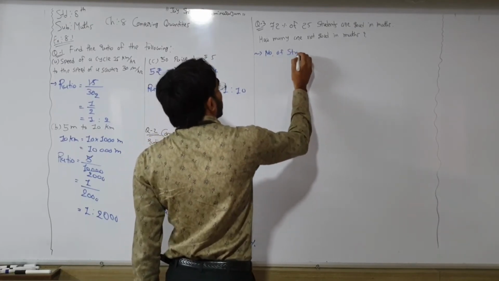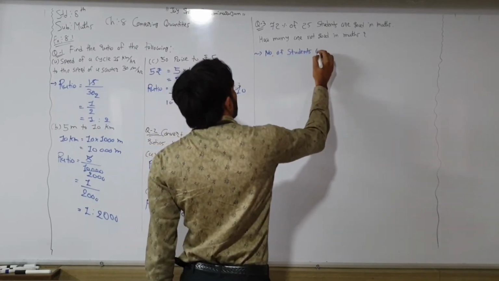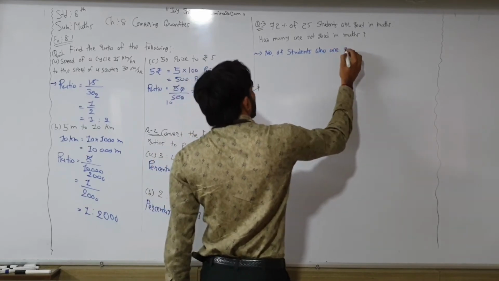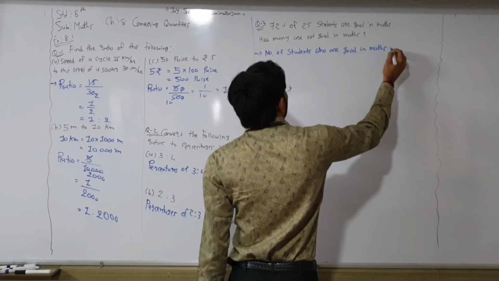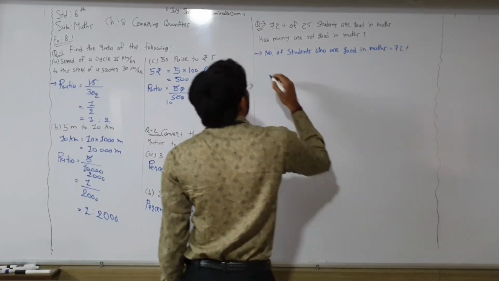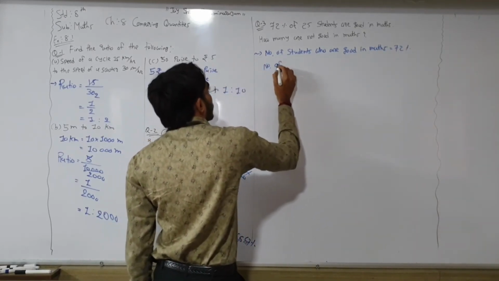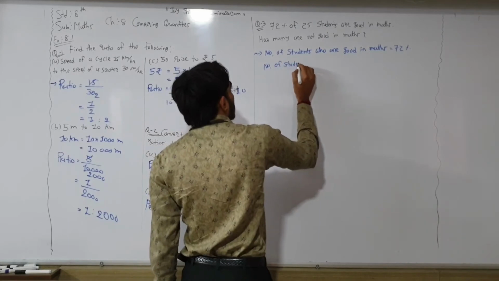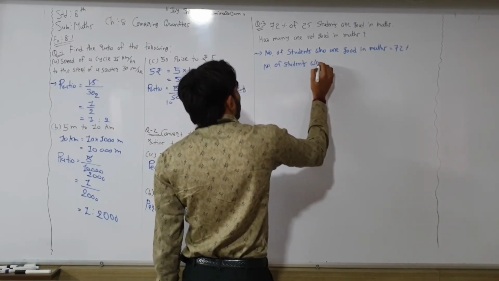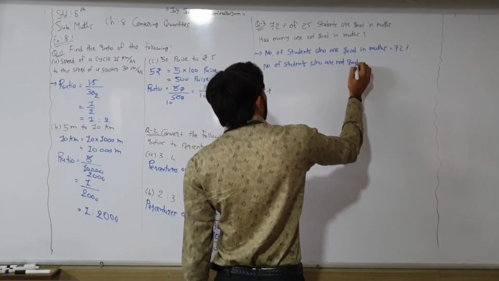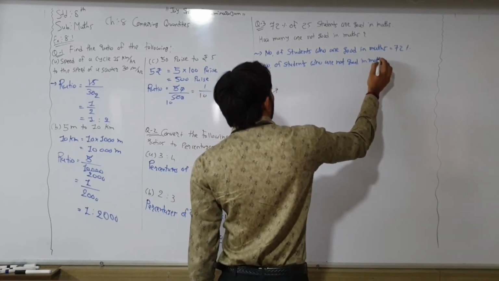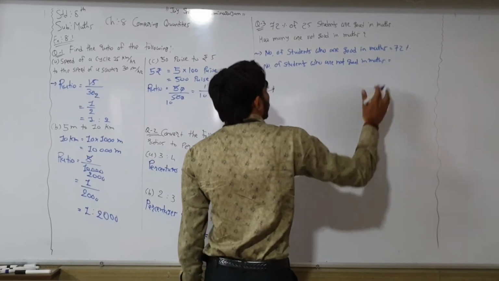Number of students who are good in maths, that is given to you 72 percentage. So here number of students who are not good in maths. So for that what we need to do?